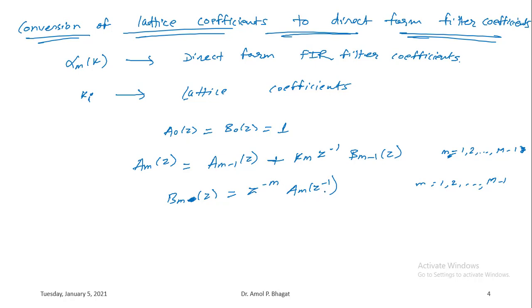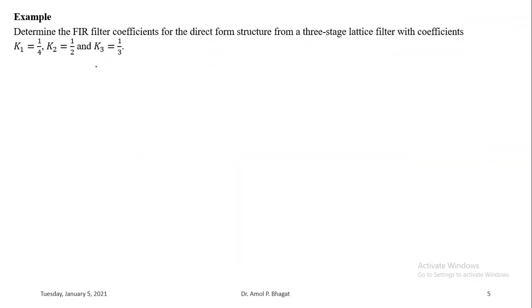Okay, so let's see an example where the lattice coefficients will be provided. From this lattice coefficient we'll try to obtain these direct form filter coefficients. So here you can see in this example these lattice coefficients k1, k2, k3 are given, right?